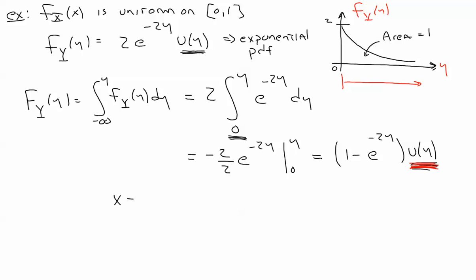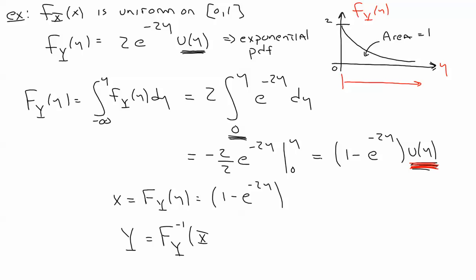We'll set that equal to x, and then we'll invert that, and we'll find that my transformation function is this. And in all cases, we will have that x is uniformly distributed on 0 to 1.